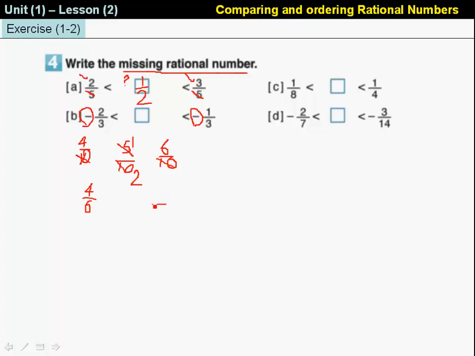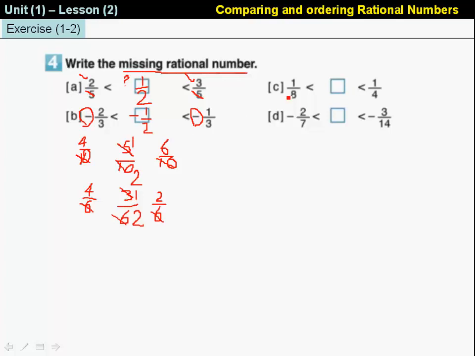Here also you must multiply numerator and denominator by 2. 6 and 6. What is between 2 and 4 is 3. So we have 3 over 6. Here we can write 3 over 6 or 1 over 2, with minus.